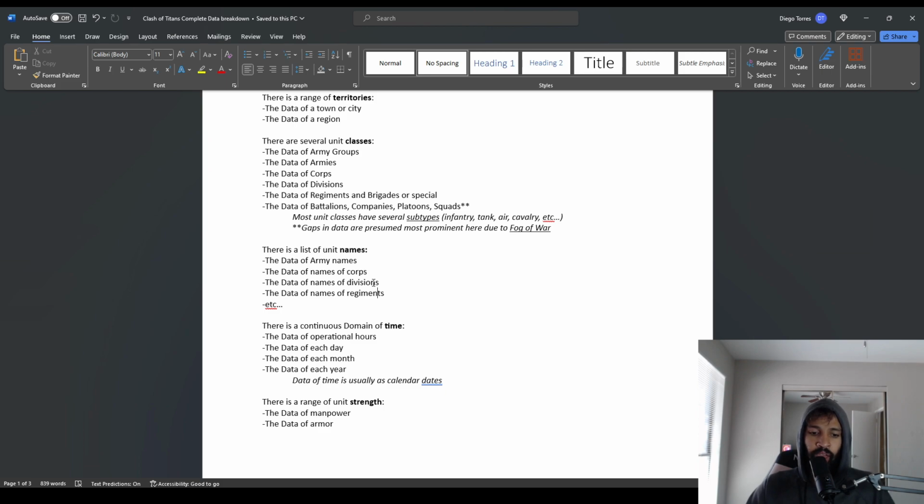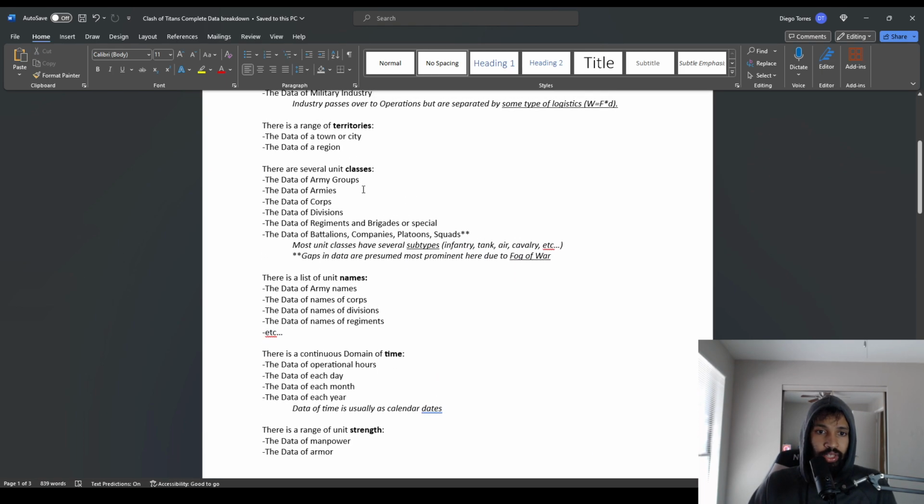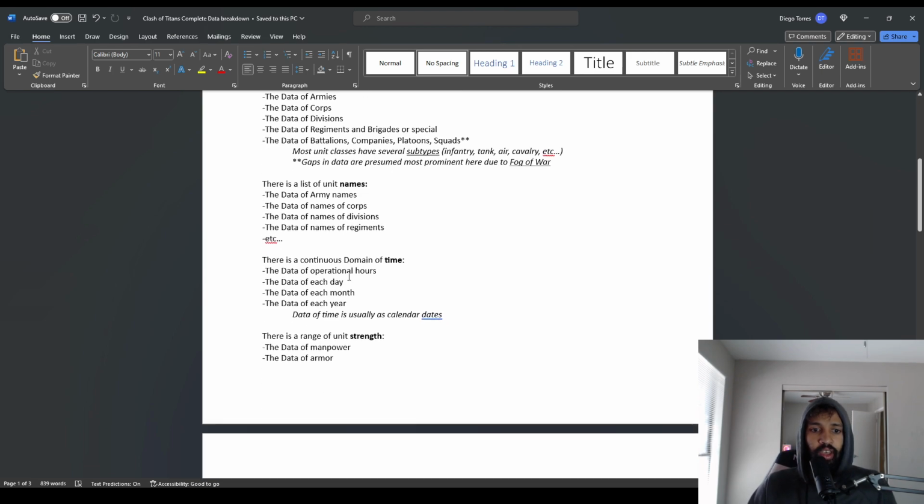But even though they have a number, the number tells you nothing. It doesn't give you any numerical insight into that formation. All it gives you is a name. So it is a number system, but it's being used categorically, and so that's why it's called names. Essentially, it's just categorical data. Some units had special names, like the Soviet Guard formations, for example. So we have names. That's another one, similar to classes but different.